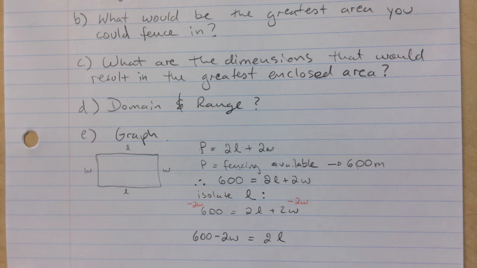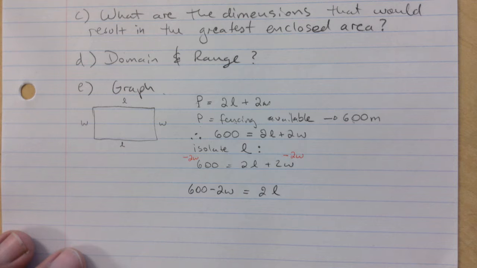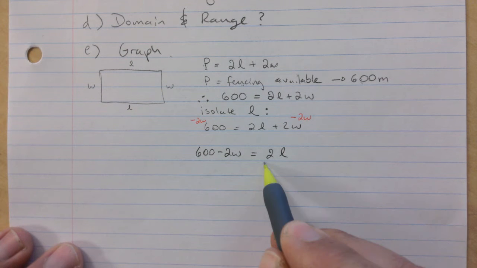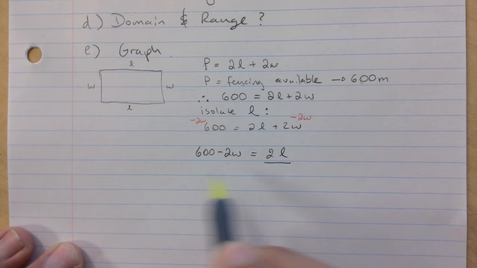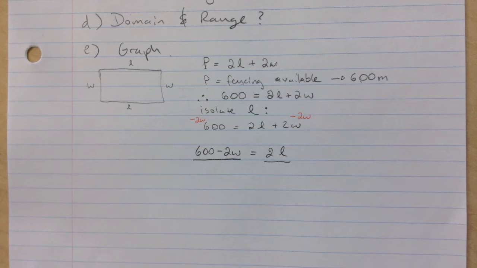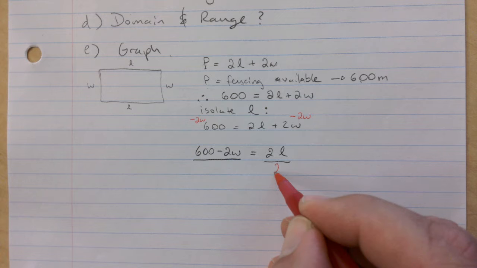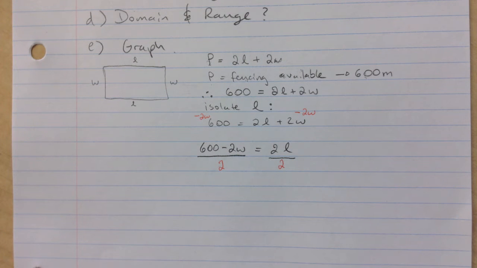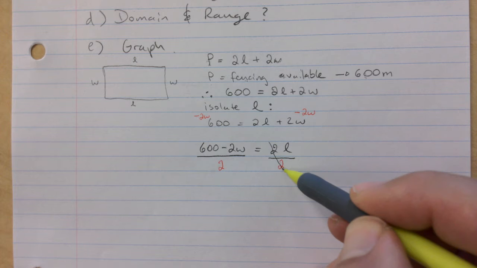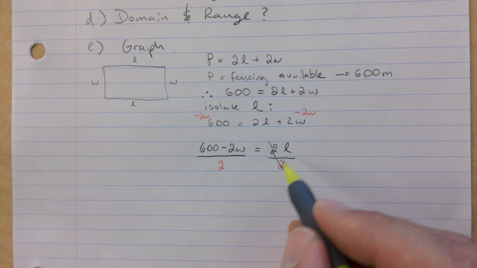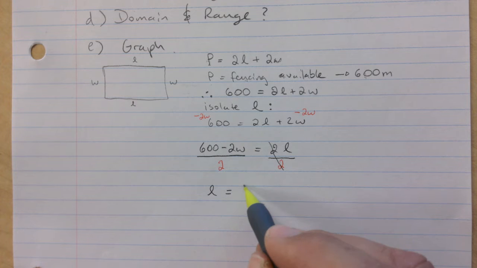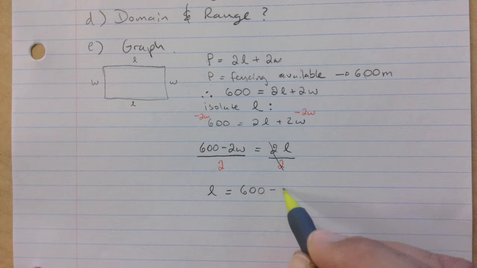That should be pretty straightforward so far. And then I'm going to divide both sides by 2, right? Because whatever is in front of L, I want to get rid of it, and the 2 is multiplying, so I have to divide. That cancels out. Therefore, length, I'm just going to have the length on the side here, is 600 minus 2W divided by 2.